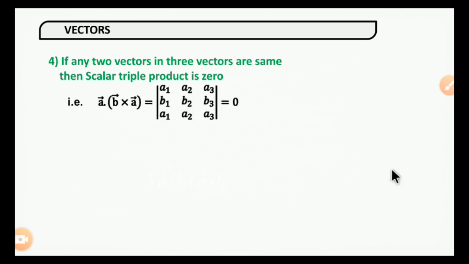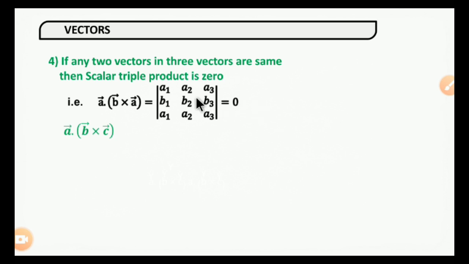The next property: if any two vectors among the three vectors are the same, then the scalar triple product is 0. Here I will give that statement in mathematical form. A dot B cross A is equal to the determinant with rows A1, A2, A3; B1, B2, B3; A1, A2, A3.